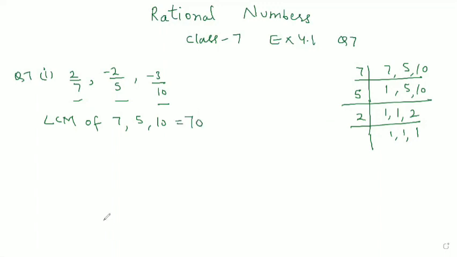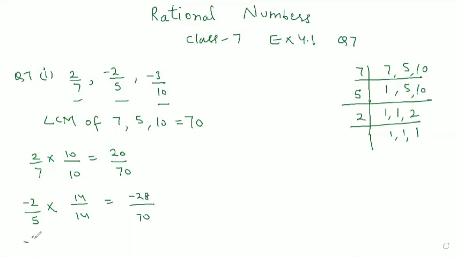Now one by one, equate all the fractions. For 2 by 7, we have to make the denominator 70, so multiply by 10 to get 20 by 70. Next, minus 2 by 5, we multiply by 14, so it becomes minus 28 by 70.